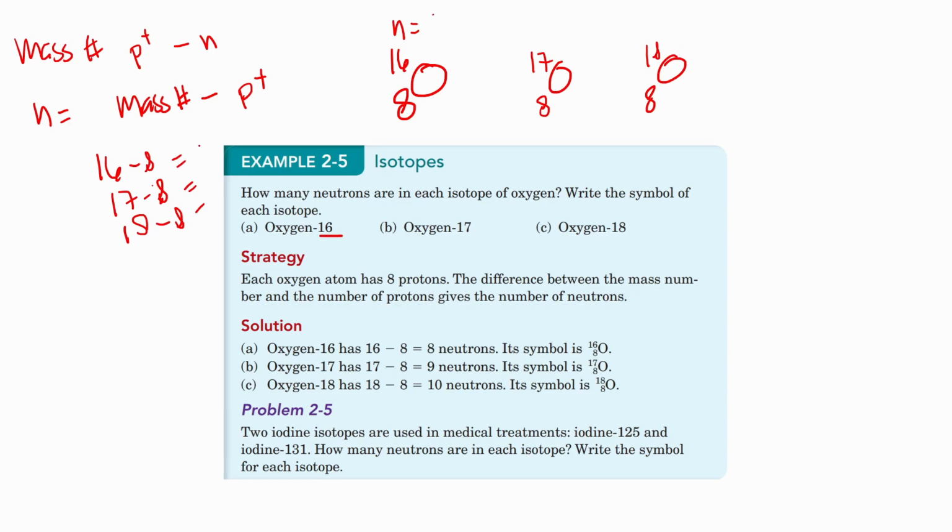So the number of neutrons is 8, 9, 10. Okay, so we have the same answer as the sample problem. Recall that mass number varies while atomic number does not.